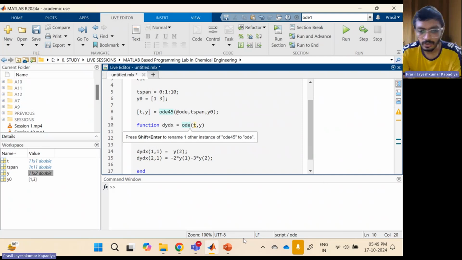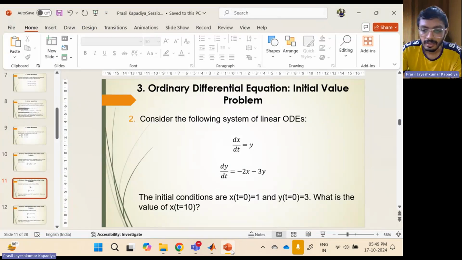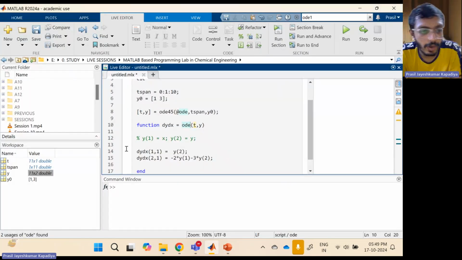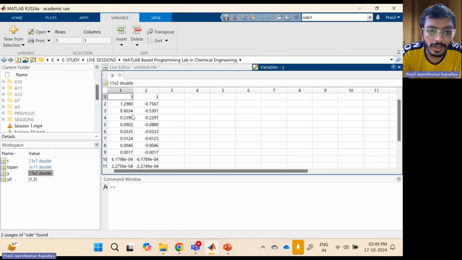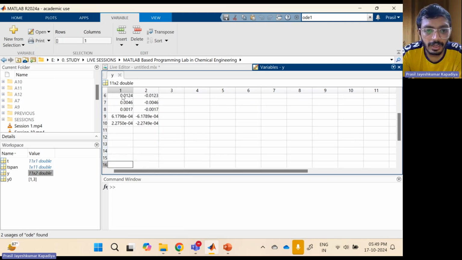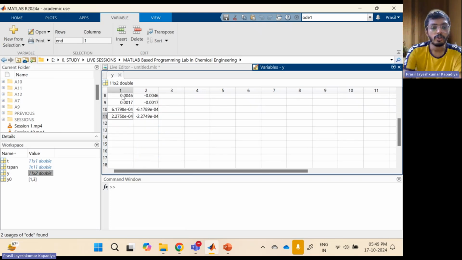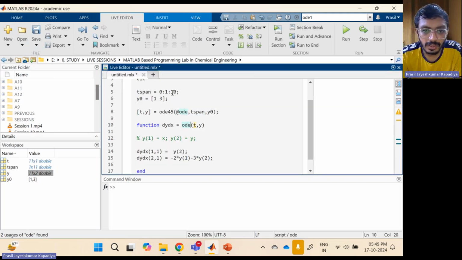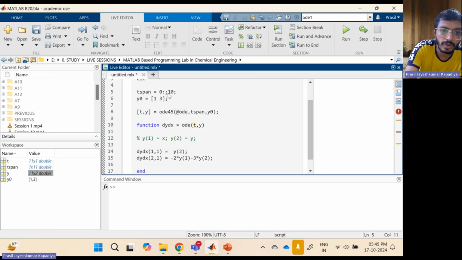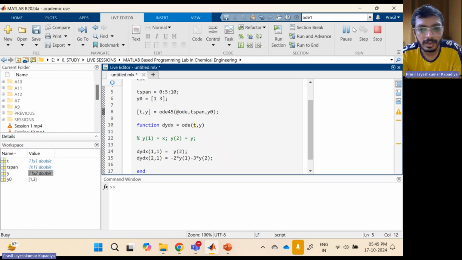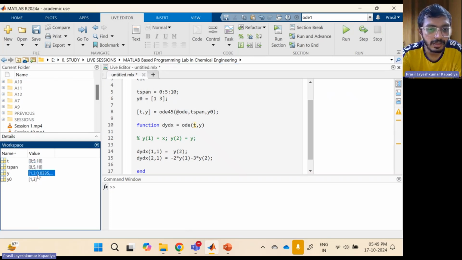Okay, so see, we are getting the solution, but what are we asked? t is equal to 10. What is the value of x? So my x is y of 1. So for y of 1, the last entry is 2.2750 times 10 raised to minus 4. That is my answer. If I further increase the step to 5, it will be a really bad result.